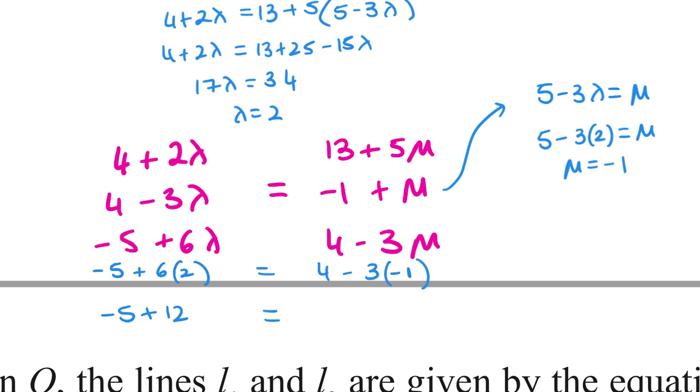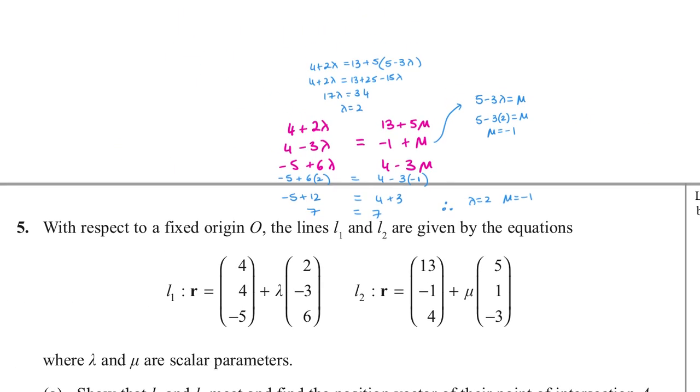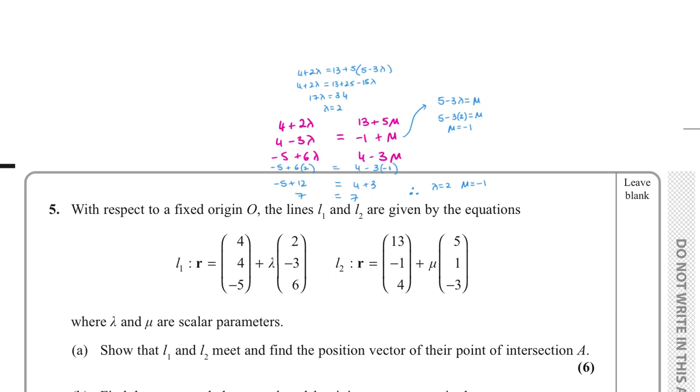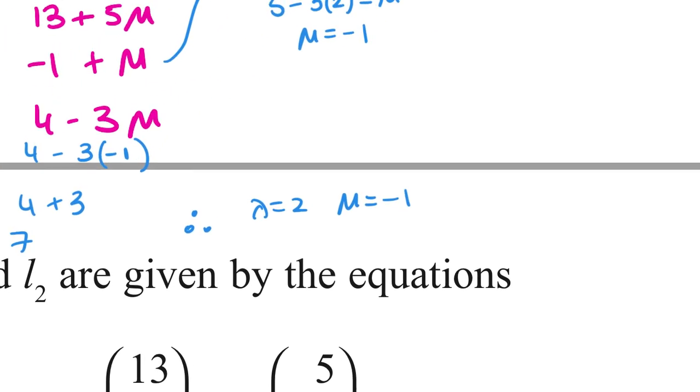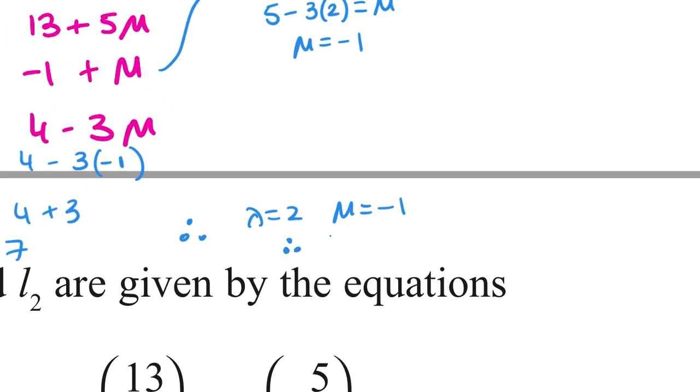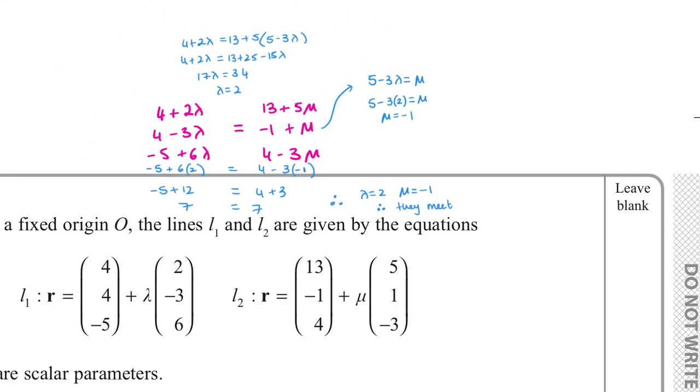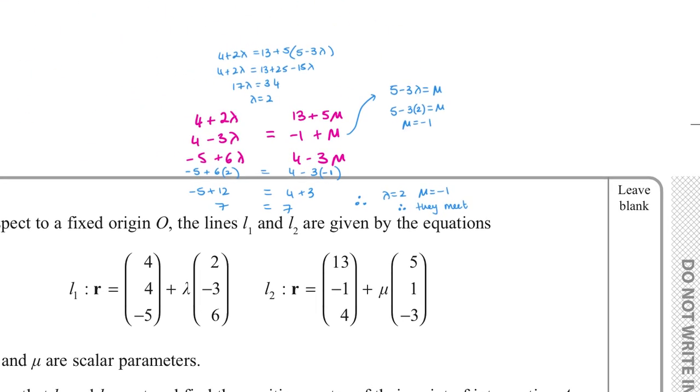Okay, which is 4 plus 3, minus 5 plus 12 is 7, 7 equals 7, therefore lambda equals 2, mu equals minus 1. Okay, that part's perfect. So show that they meet, okay, so therefore they meet because lambda and mu are the same for all of them. And then find the position point.